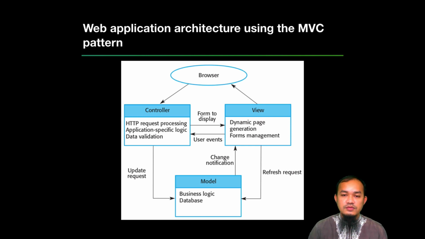It can be dynamic page generation, form management, or something such as a login form, and then you can interact with the browser. This is the most famous architecture pattern or style implemented for web application development.